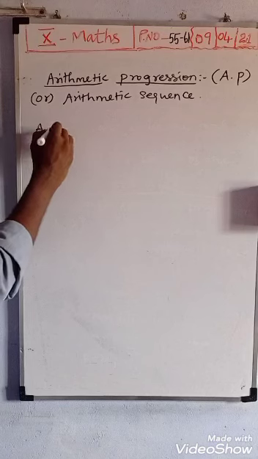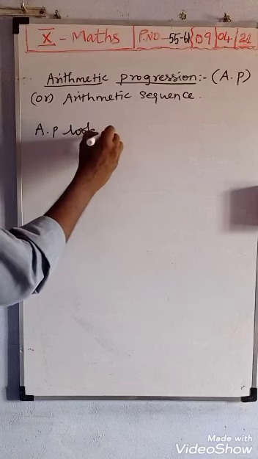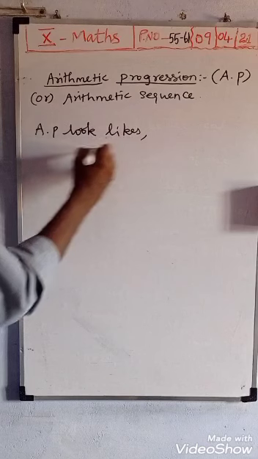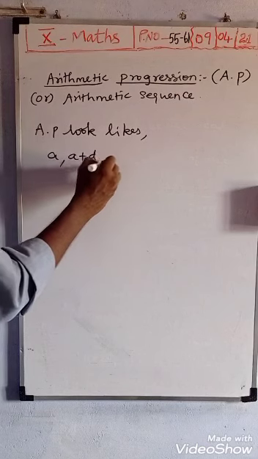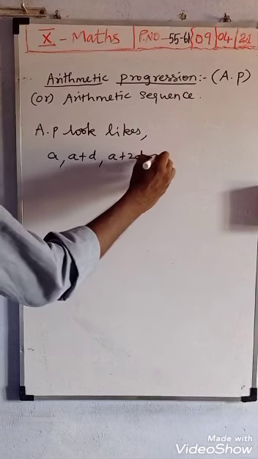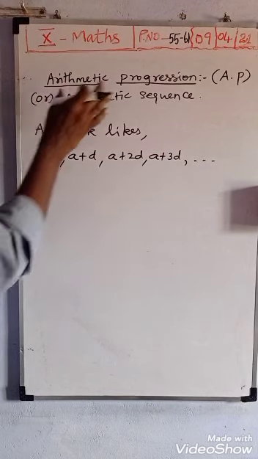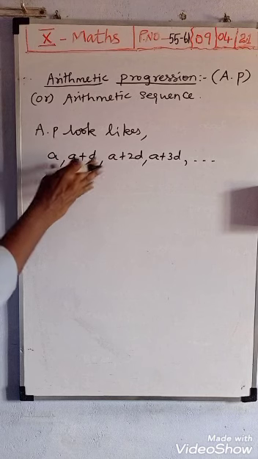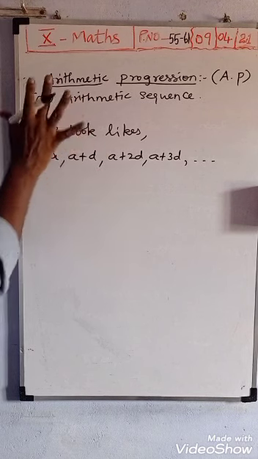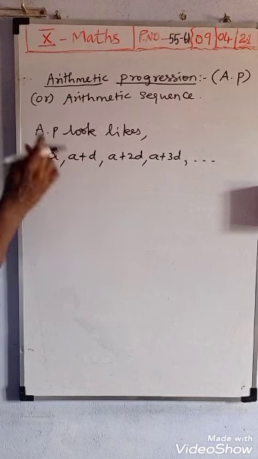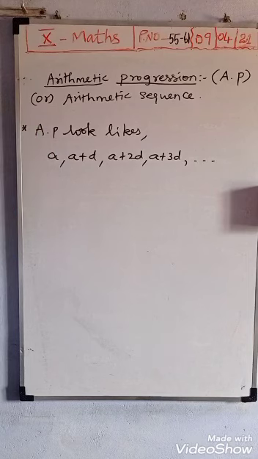An AP looks like A, A plus D, A plus 2D, A plus 3D, up to etc. It will go on. This is one of the formulas.